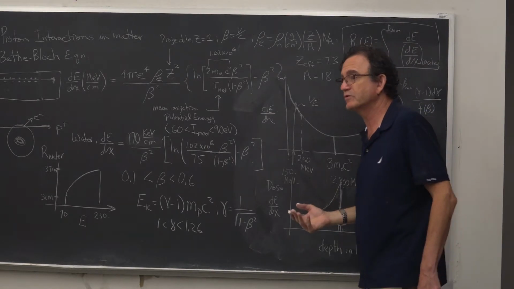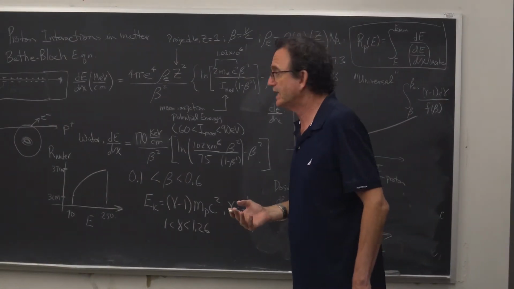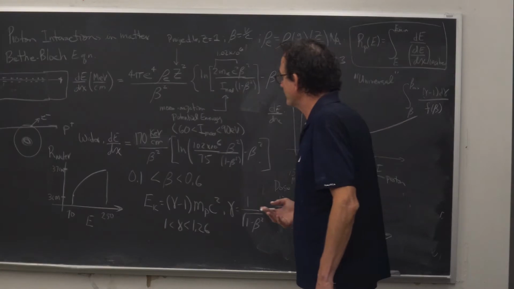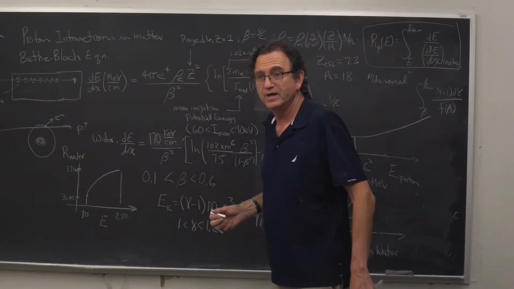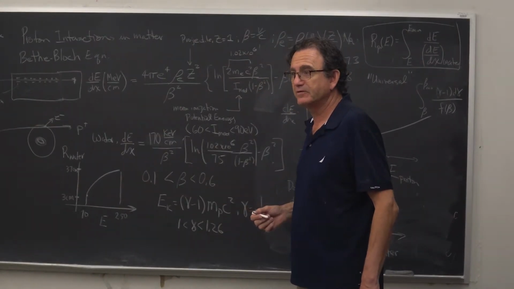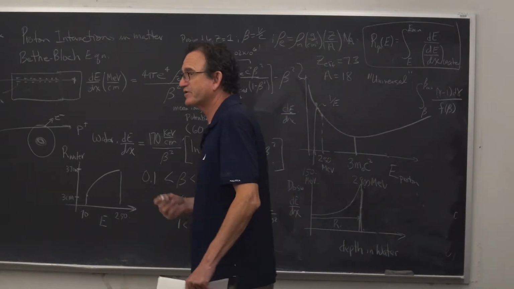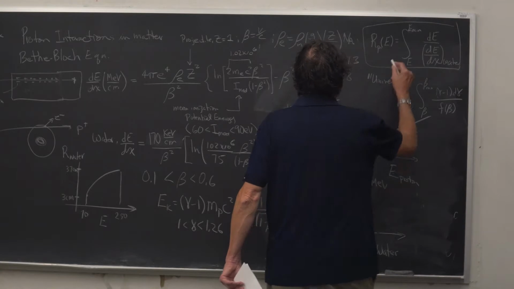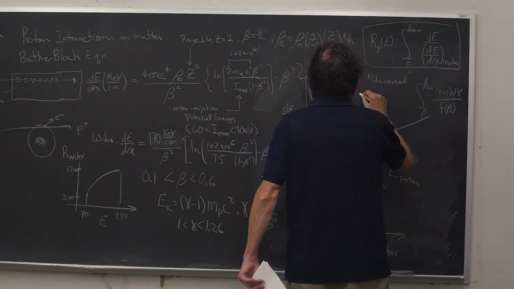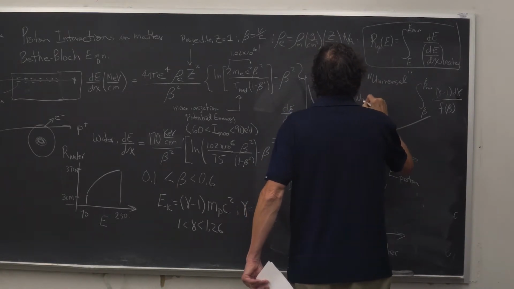Now, how close to 0 do we want to go? Clearly, the equation breaks down when beta goes to 0, or I should say the dE/dx becomes infinite. But typically, what we do as a practical matter is we terminate the minimum energy when the range is less than 1 millimeter.